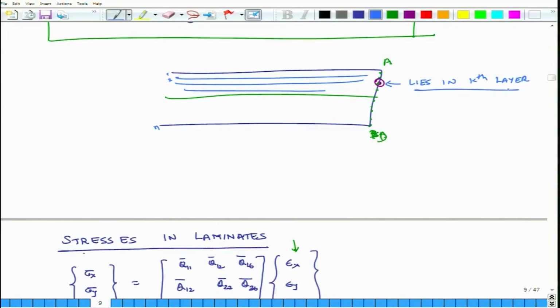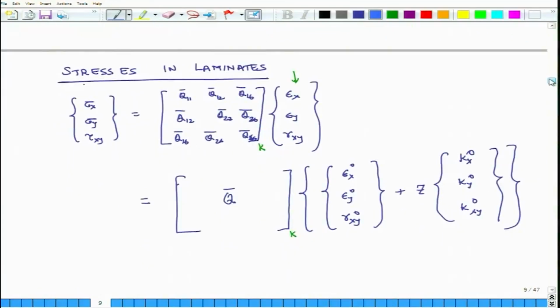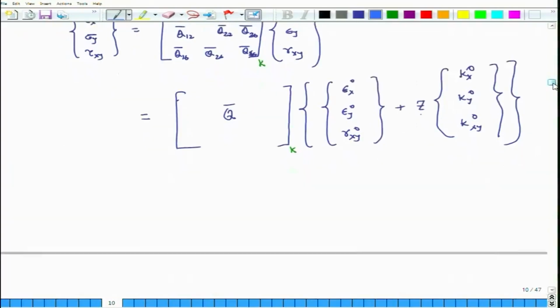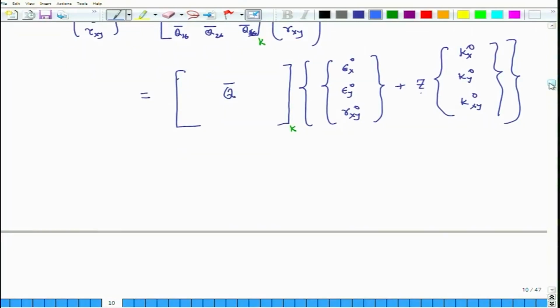So, it is for that kth layer we should identify the q bar matrix. So, that is why we put a subscript here, and then we multiply that by the strain vector, and of course, the z coordinate, and then we will be able to get the overall stress in the system at that point.